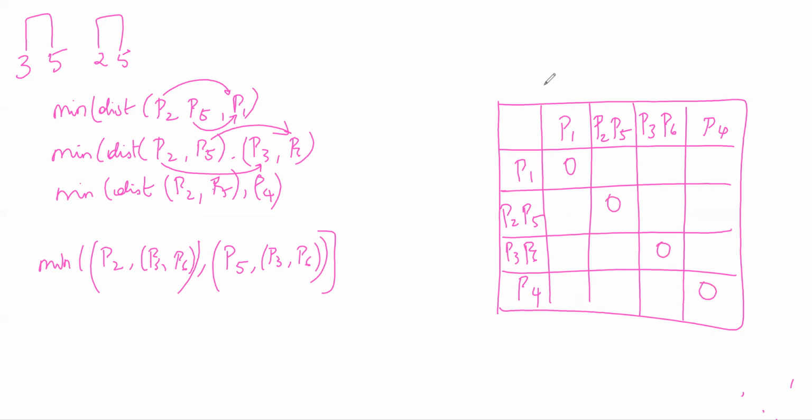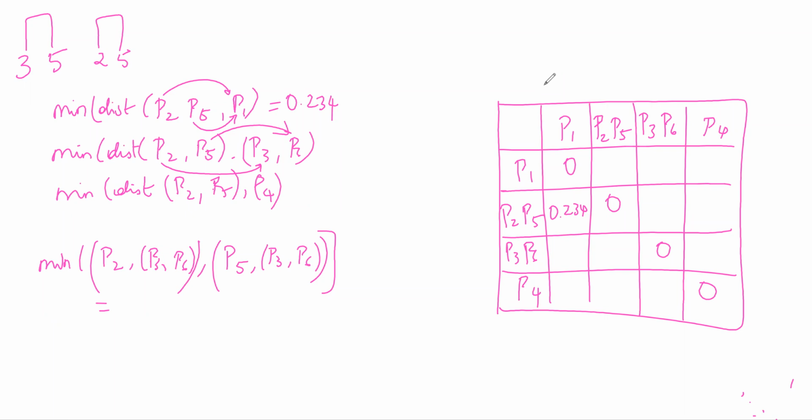Did you get to know from P2 to P5 to P1 what is the distance? Ma'am, 0.234, ma'am. Yes, correct. So 0.234. So I'll write it as 0.234. Did you get to know the distance of this? From the previous table itself you can calculate. So from P2 to P3 and P6.